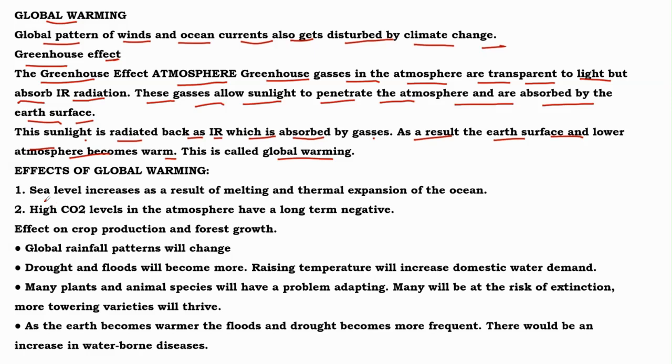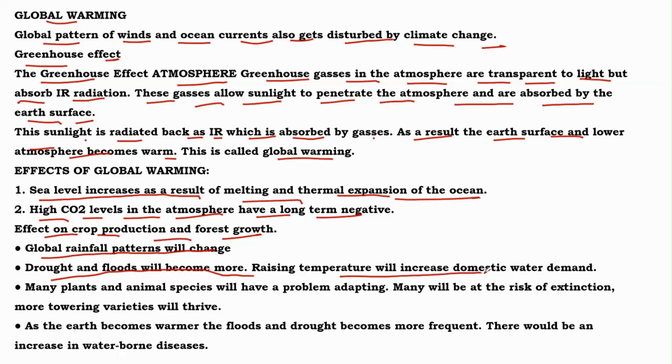Effects of global warming: sea level increases as a result of melting and thermal expansion of the ocean. High CO2 levels in the atmosphere have long term negative effects on crop production and forest growth. Global rainfall patterns change, and droughts and floods become more frequent.